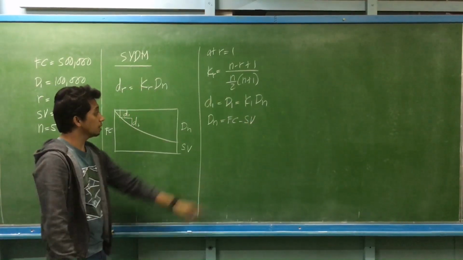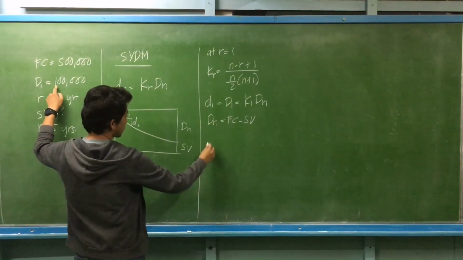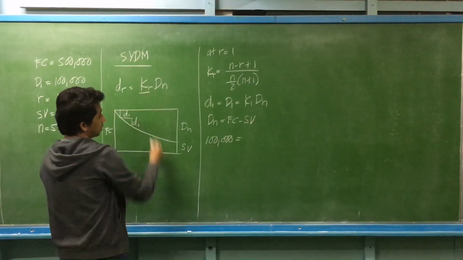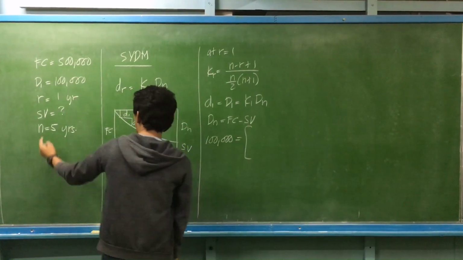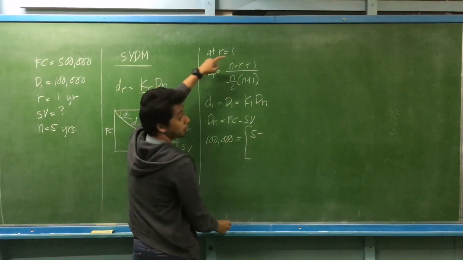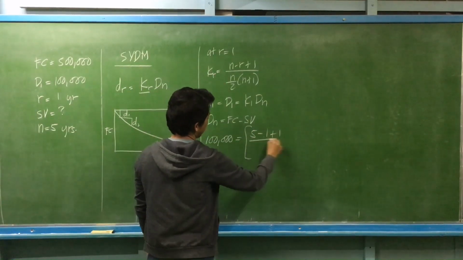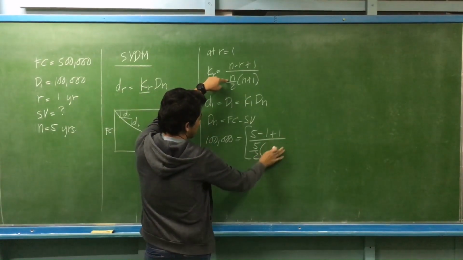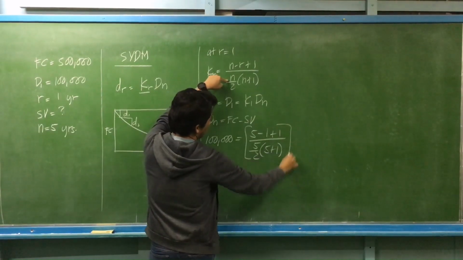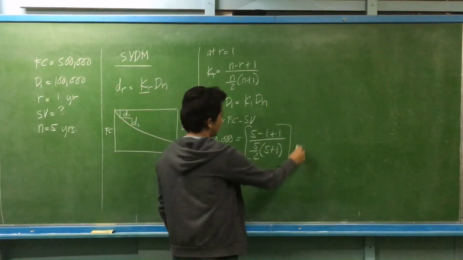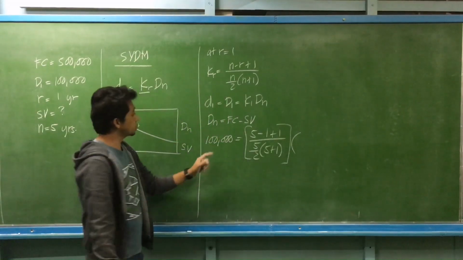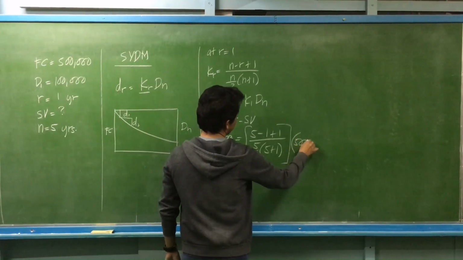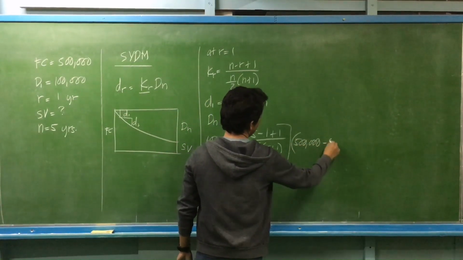So magda-direct substitution tayo. Ano yung D sub 1? That is equal to 100,000. Equal to, ano yung K sub R? Paano kumuha ng K? That is N. What is our N? 5. Minus, the value of R is 1 plus 1 divided by 5 over 2. Ito yan. Multiplied by, this is 5 plus 1. Okay, multiplied by D sub N. Ano yung equivalent ng D sub N? That is first cost minus salvage value. What is our first cost? 500,000 minus salvage value.